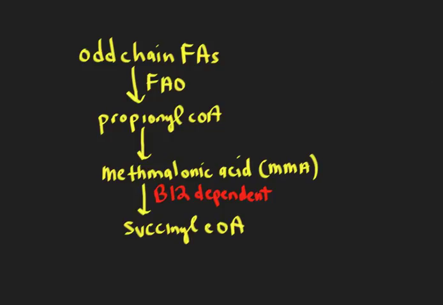Even chain fatty acid oxidation occurs in a very similar pathway until you get this molecule propionyl-CoA, which needs to do an alternative pathway, and the step to methylmalonic acid occurs. It's different. You form this intermediate, which you don't see in even chain fatty acid oxidation, and then to get this fully converted to your succinyl-CoA and go off into the TCA cycle, that's a B12 dependent enzymatic process. So B12 is also involved in other things.